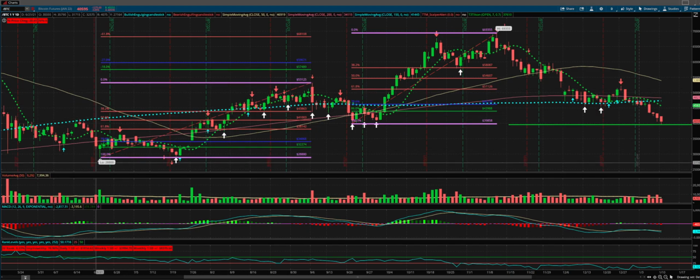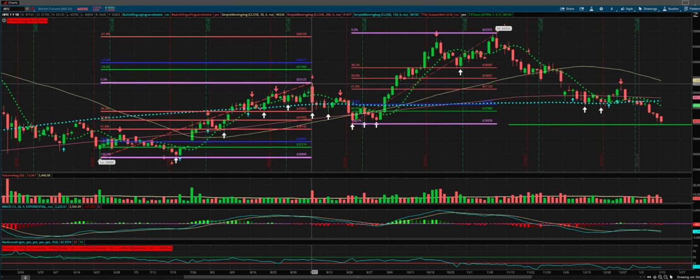So real quick, if no one's real familiar with the Fibonacci's, A is the starting point, B is the top, or in reverse it'd be AB downward, but we're going upward because we're in an upward trend in BTC. So then we're looking for the C wave, which would be right here. This is the lowest point before it started moving back up again.